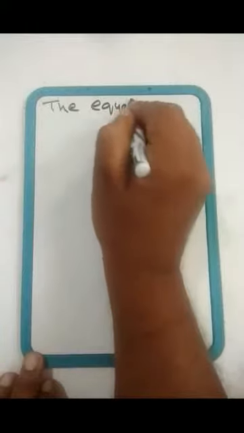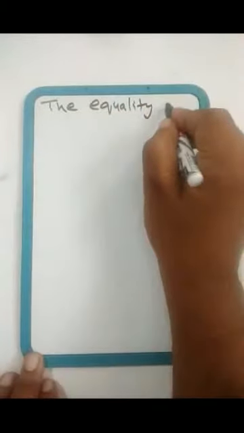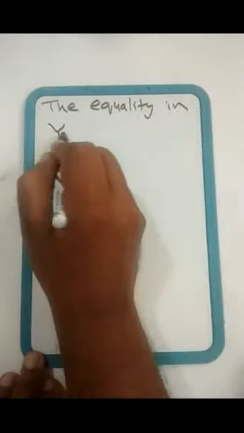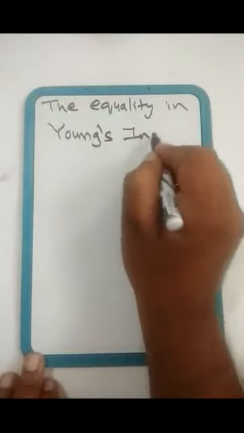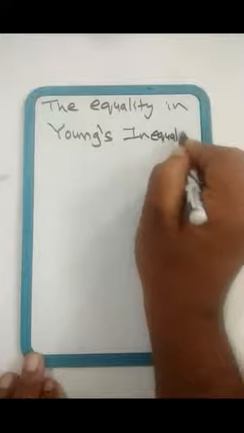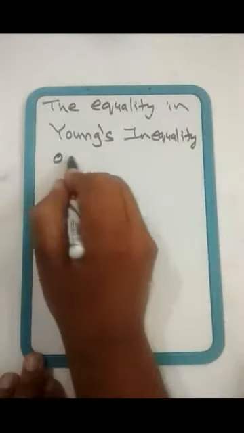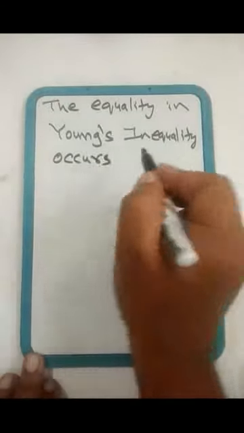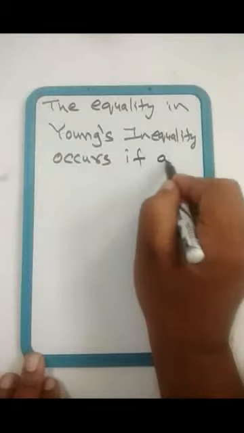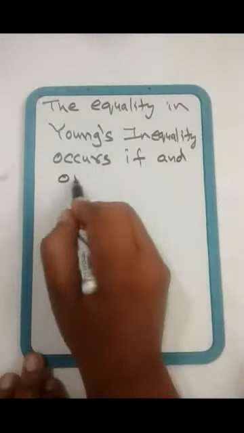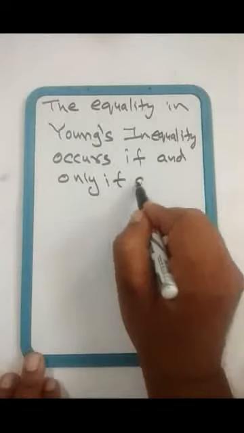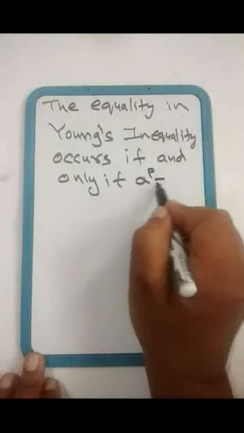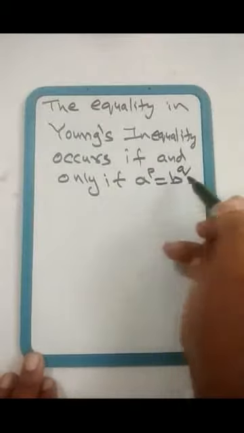The equality in Young's inequality occurs if and only if A raised to P equals B raised to Q. Okay.